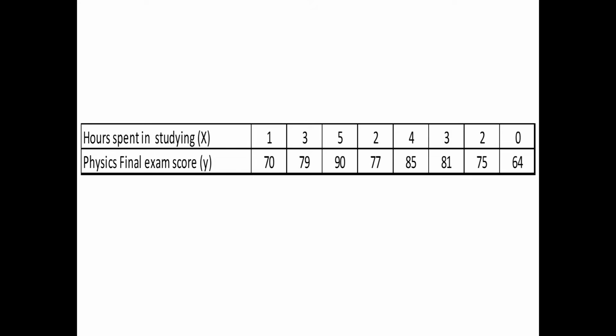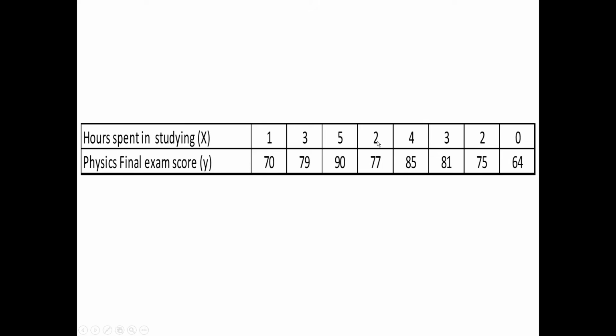Okay. So the hours spent in studying for student number 1 is 1 hour. Student number 1, 1 hour. So he got 70 for the exam. And another student studied for 3 hours, got 79. And another student, student number 3, studied for 5 hours and he got 90 score.